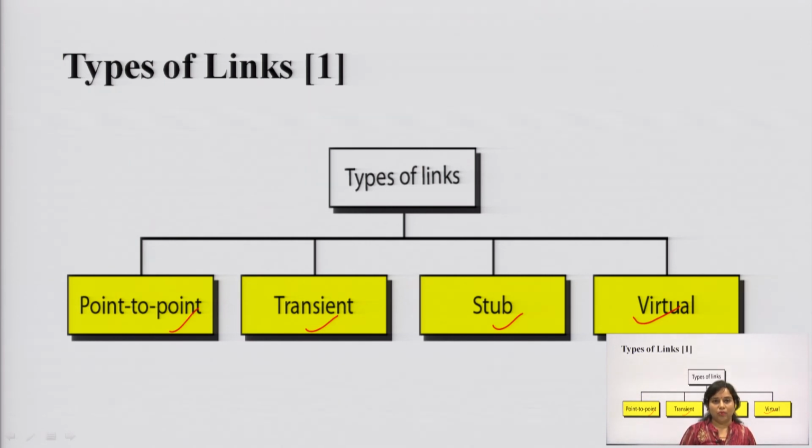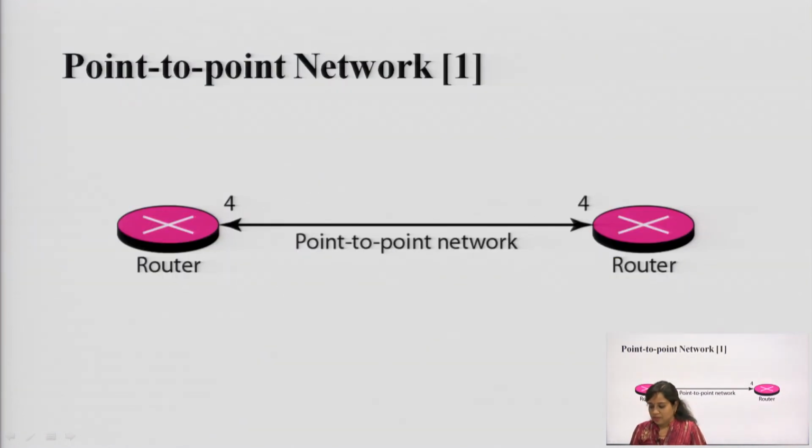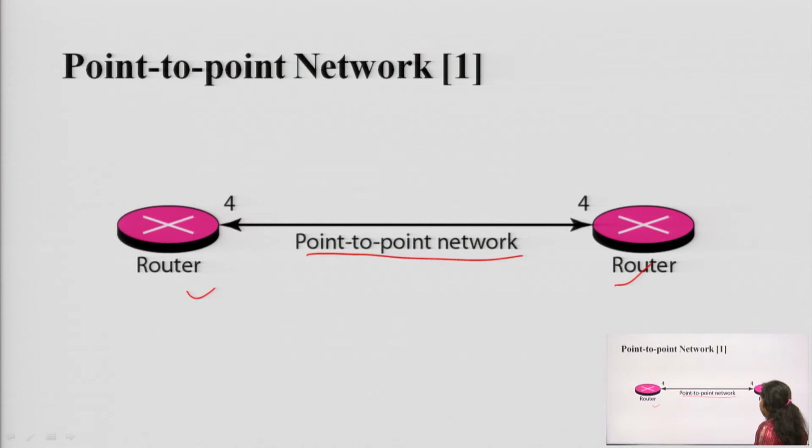So, the virtual network will be connected, it is not fixed for any network. So, that is the case for virtual. Now, fourth one is the stub. This diagram is showing the point to point network, how the data will be connected in a point to point network, like this is router 1, another router is there, and this is a point to point network which has been connected.